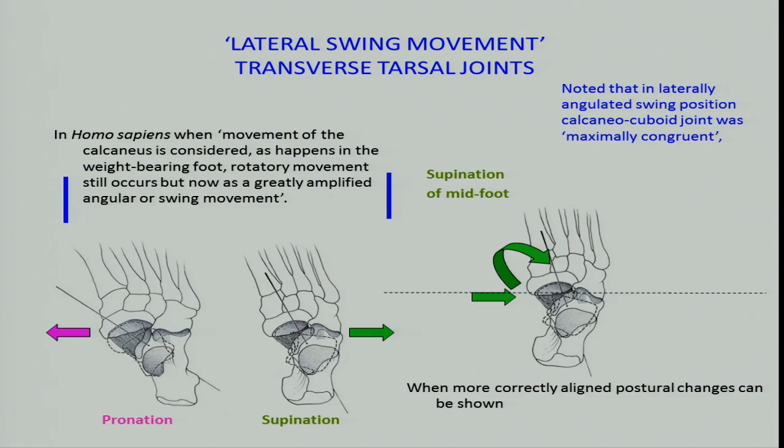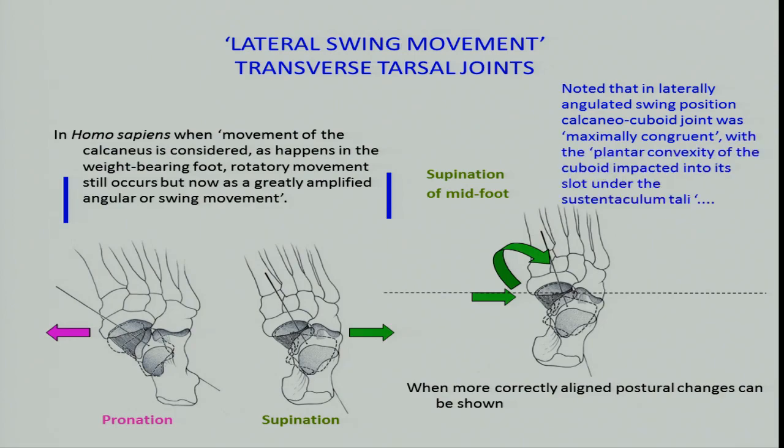He noted that in the laterally angulated swing position, the calcaneo-cuboid joint was maximally congruent, with the plantar convexity of the cuboid impacted into its slot under the sustentaculum tali. I hadn't really thought about the beak of the cuboid, or the slot, the coronoid fossa, underneath the sustentaculum tali.